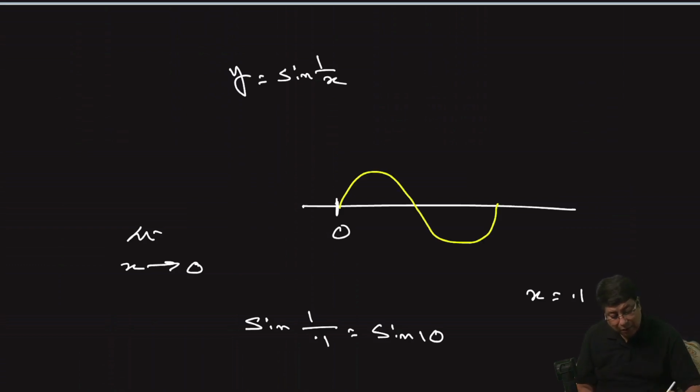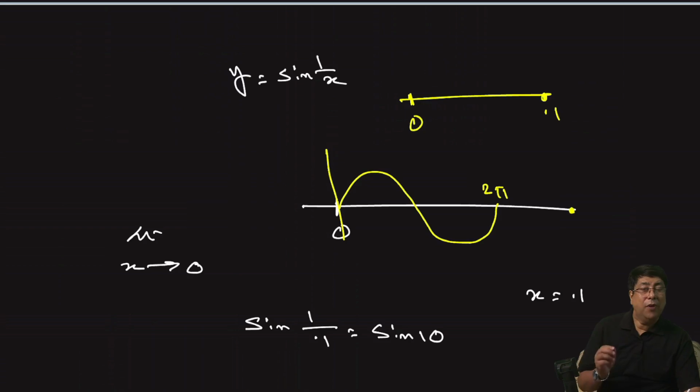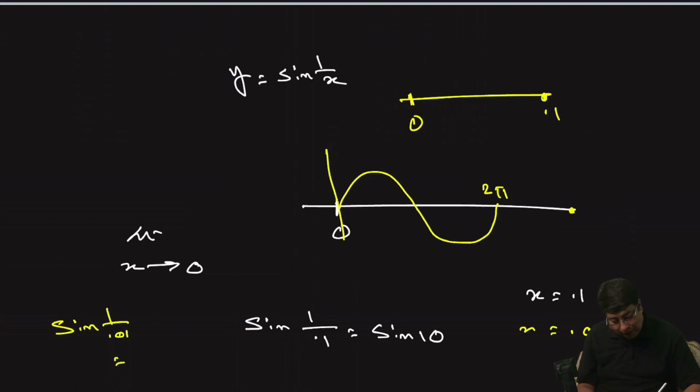Think like this: the period is 2 pi, which is about 6.28, and 10 lies somewhere here. If this is a sine curve and this is 0.1, and somebody says more nearer to 0, that is x equal to 0.01, then sine of 1 by 0.01 is sine 100.